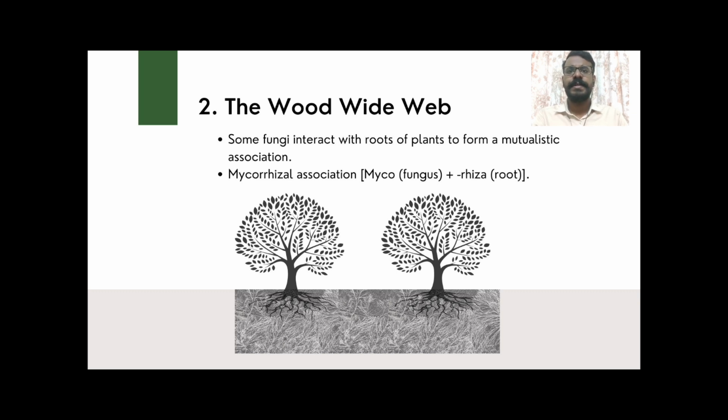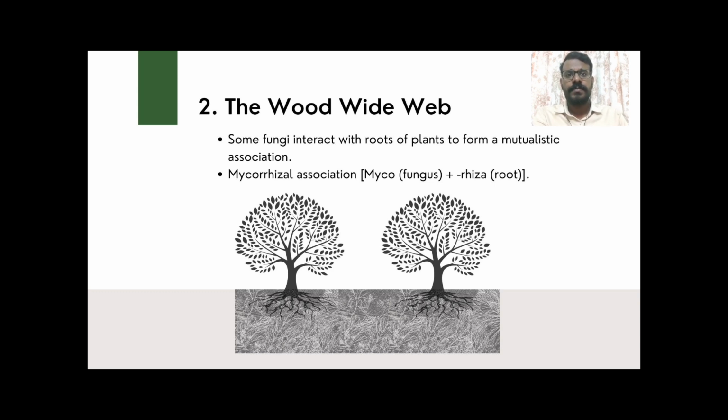The next type of relationship. This is a relationship with other organisms. So the first one was the relationship with a microhabitat or the habitat in which they were growing. So the next one is the wood wide web. So what is the wood wide web?